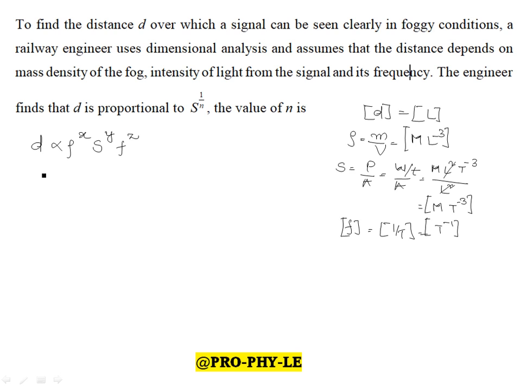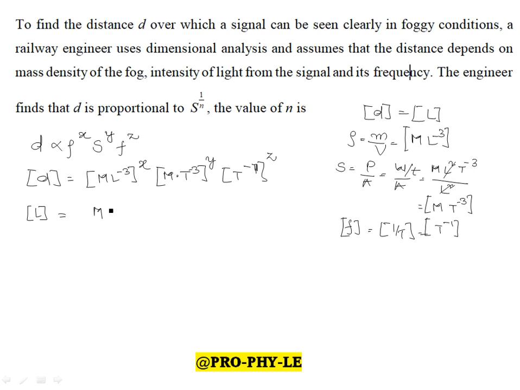Now by assuming the proportionality constant as 1, D, its dimensions are L power of 1 equals M L power of minus 3 whole power of X, intensity M into T power of minus 3 whole power of Y, and T power of minus 1 whole power of Z. Now this distance will have dimensions of length.